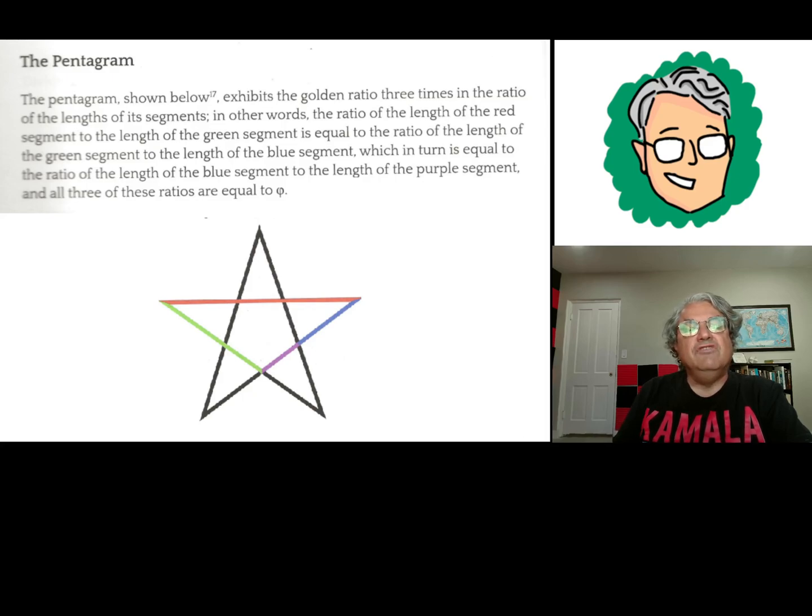If you combine the two line segments on the left, making up the red line segment, this is congruent to the green one, which has length phi squared times L, and then the remaining piece has length phi times L. That's congruent to the blue section. And the whole thing is phi cubed times L.